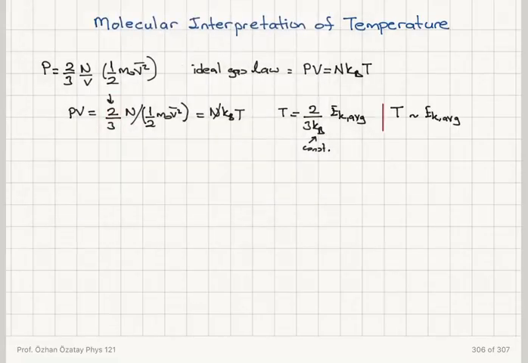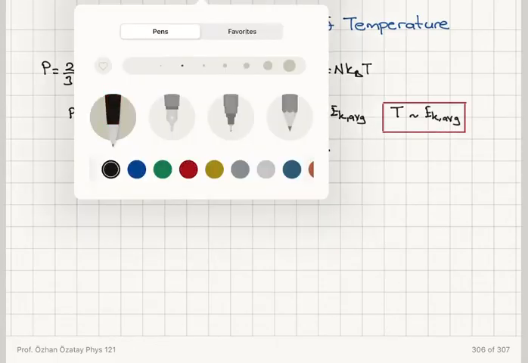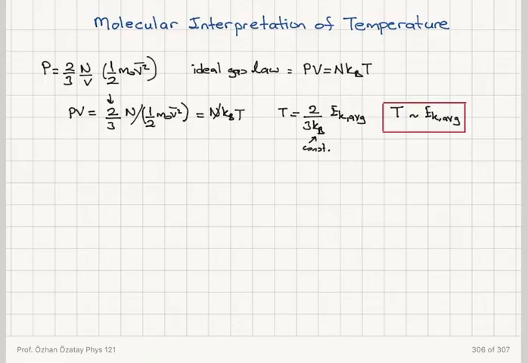So finally, I have a molecular scale interpretation of temperature. I know that the temperature is basically a measure of average kinetic energy per molecule.